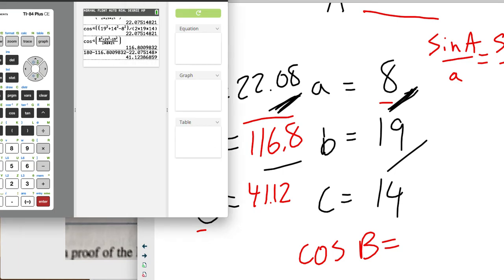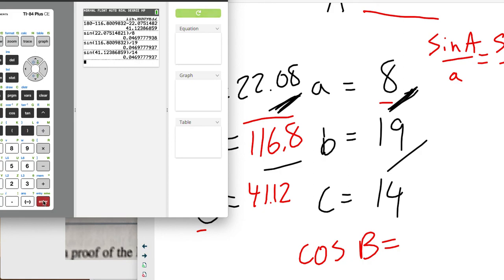But anyways, we can take a look at sine of A. So take sine of that divided by 8, hit enter. Sine of B, which was 116.8, divided by b, and sine of the last angle we found divided by c.